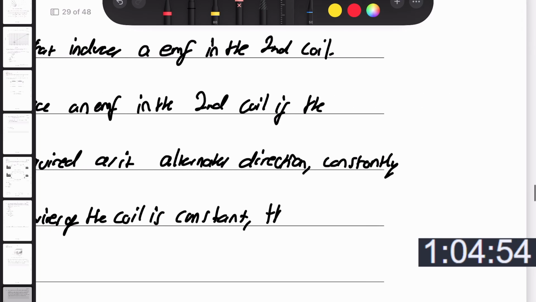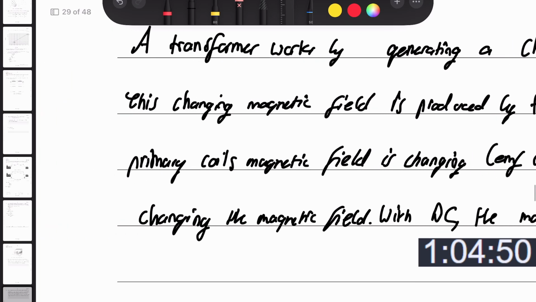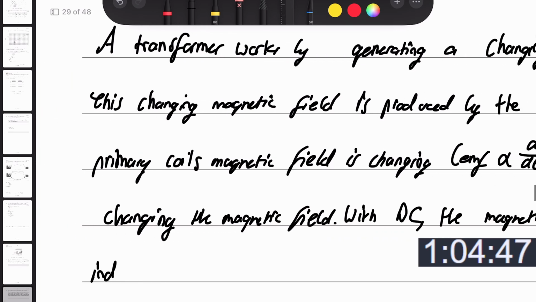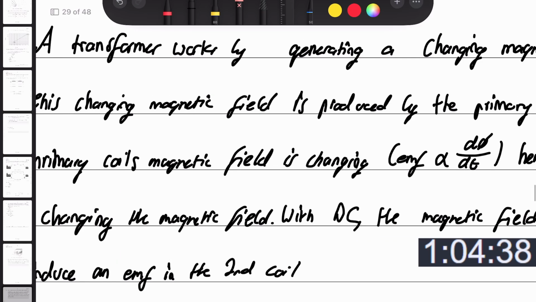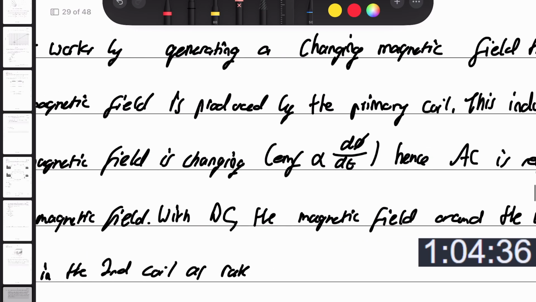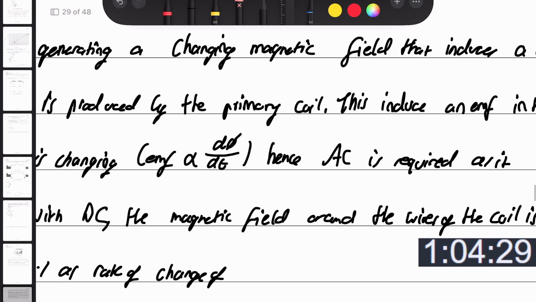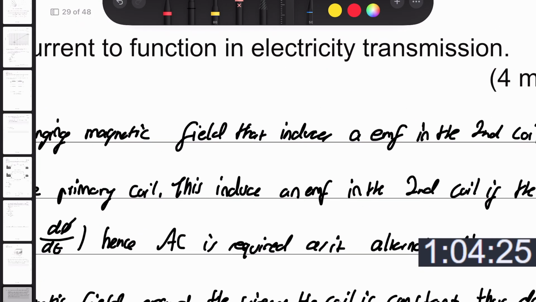Thus it does not induce an EMF in the second coil, as the rate of change of flux is zero.